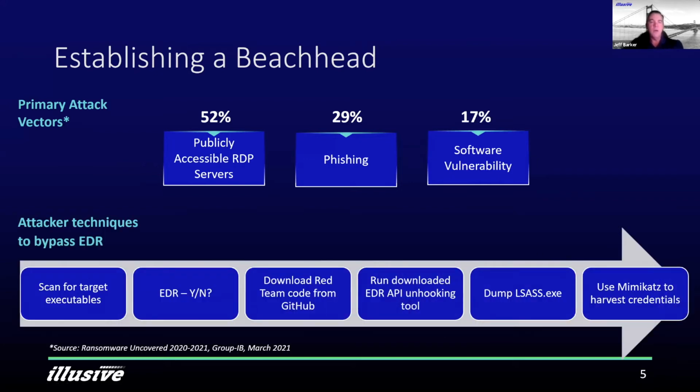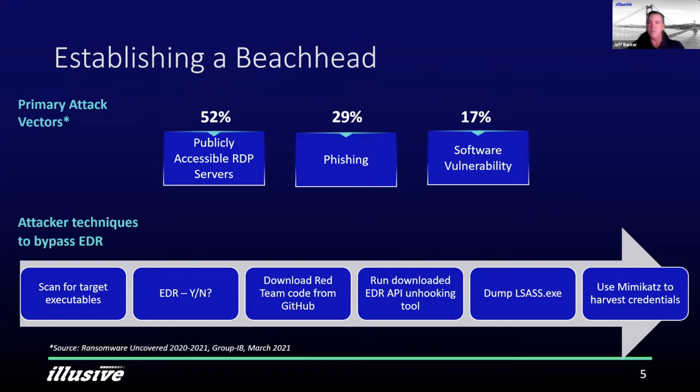So, we're not going to spend really any time here. Like I said, the focus is on that front part. But it's interesting to point out there are some primary attack vectors for establishing a beachhead: publicly accessible RDP servers, phishing, and software vulnerabilities. We're seeing some techniques attackers are using to bypass security controls on the endpoint.